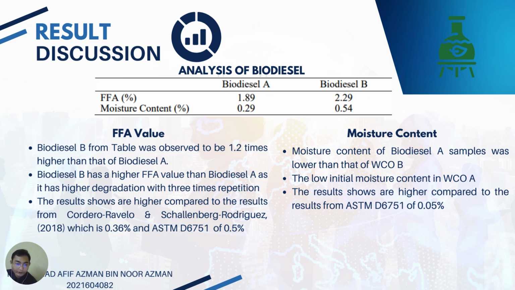Next, we go to the analysis of biodiesel, taking the optimal condition of 60 degrees Celsius and a reaction time of 150 minutes. For the first one, in terms of FFA value, biodiesel B from the table was observed to be 1.2 times higher than biodiesel A. This is because WCOB, as a feedstock for biodiesel B, went through high degradation with three repetitions.